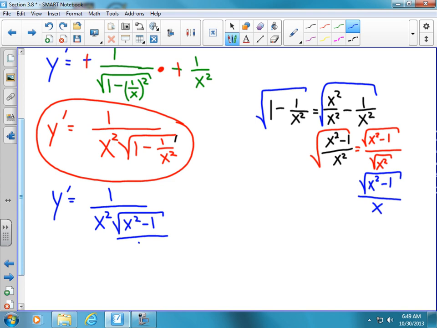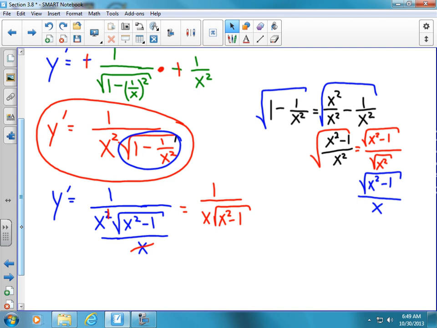This should be x squared, and this should be x. All right, so I replaced this square root of 1 minus 1 over x squared down here with our little algebra fun that we had. Okay, notice that we can cancel out our x's in the denominator. All right, so now we have 1 over x, square root of x squared minus 1.